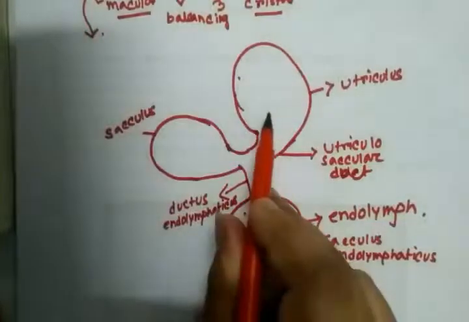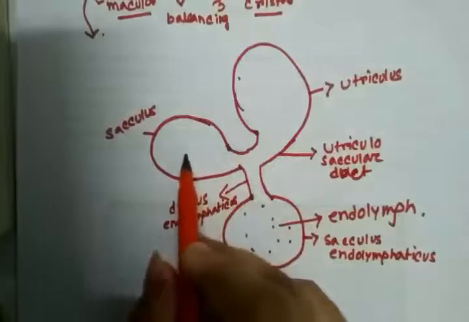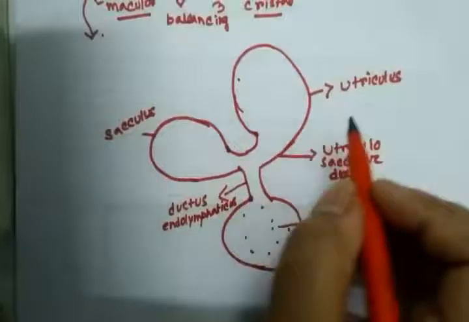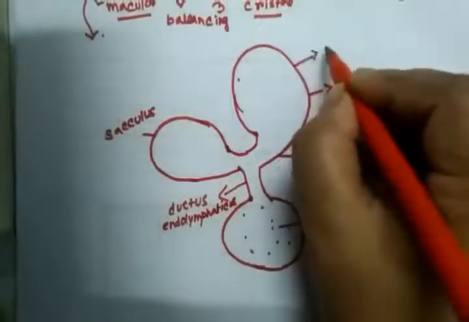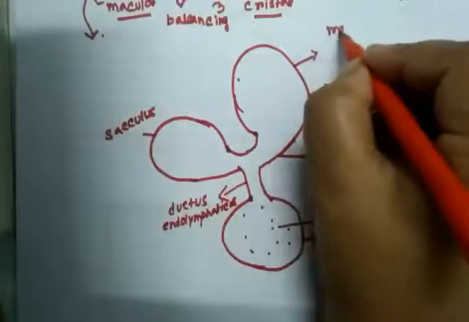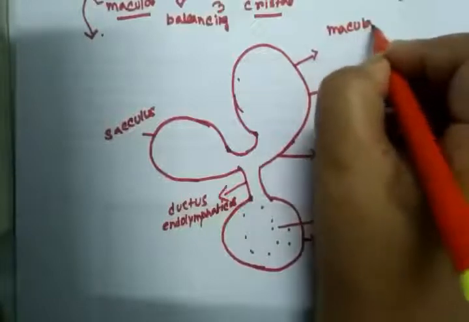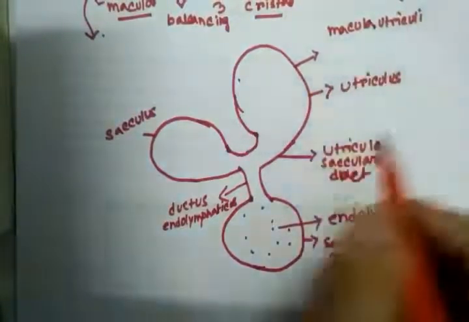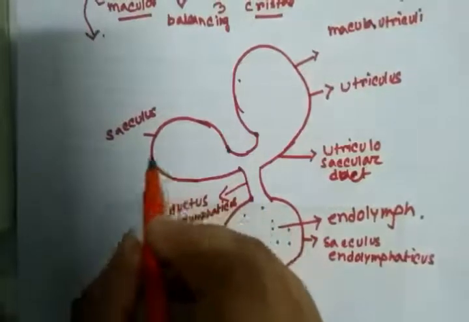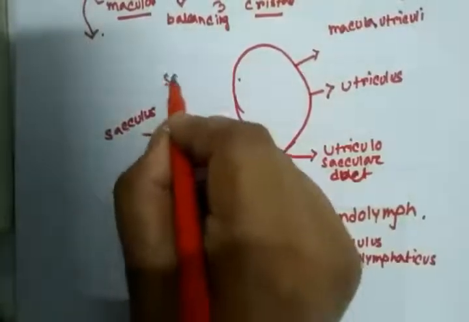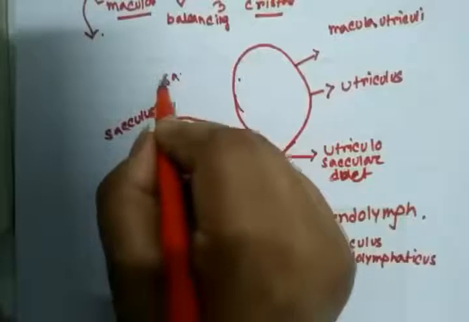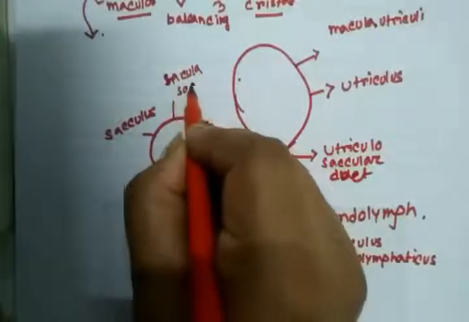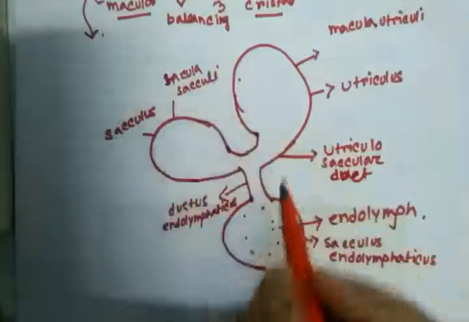In the utricle and in the saccule there is a presence of macula, and in the utricle this macula is called, I am writing here, macula utriculi, and in the sacculus this is called macula sacculi.